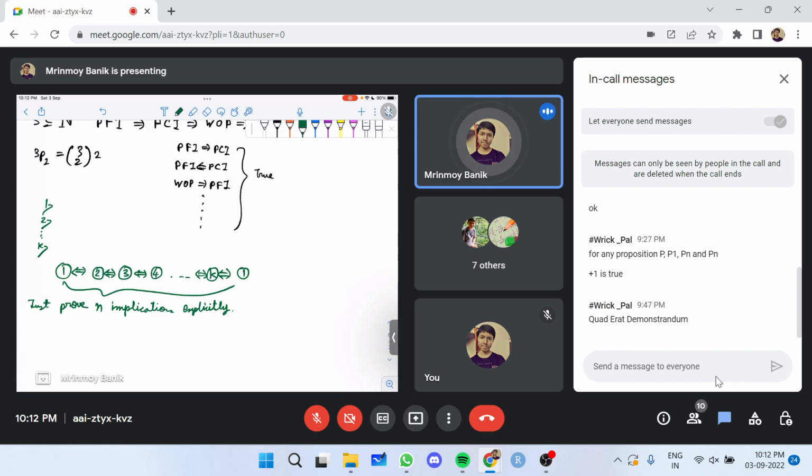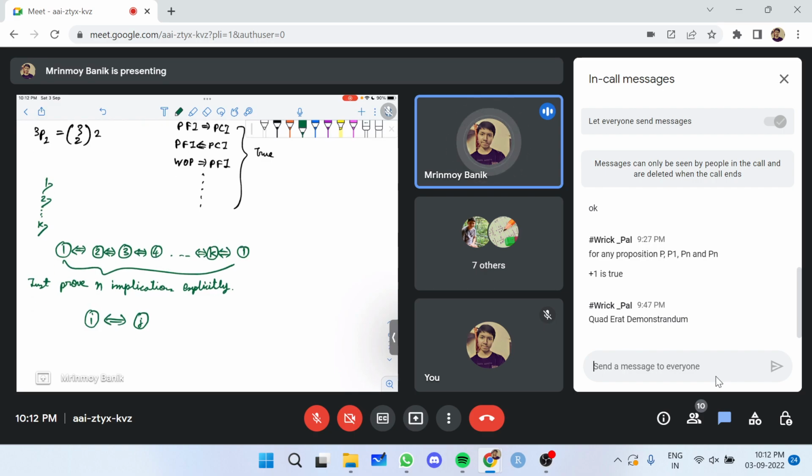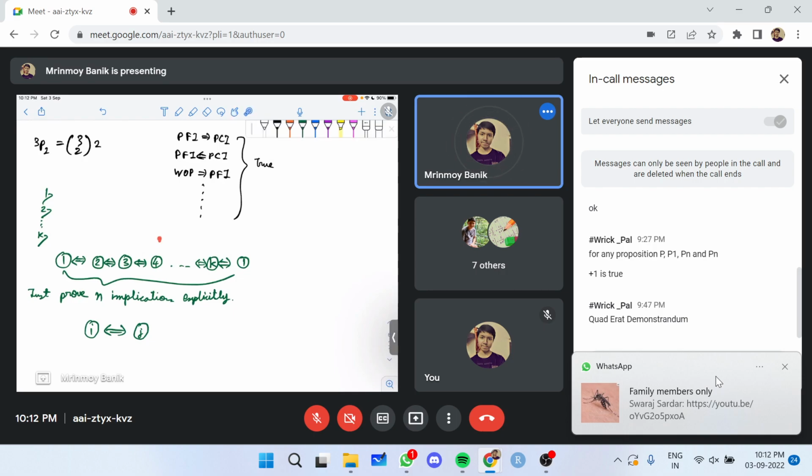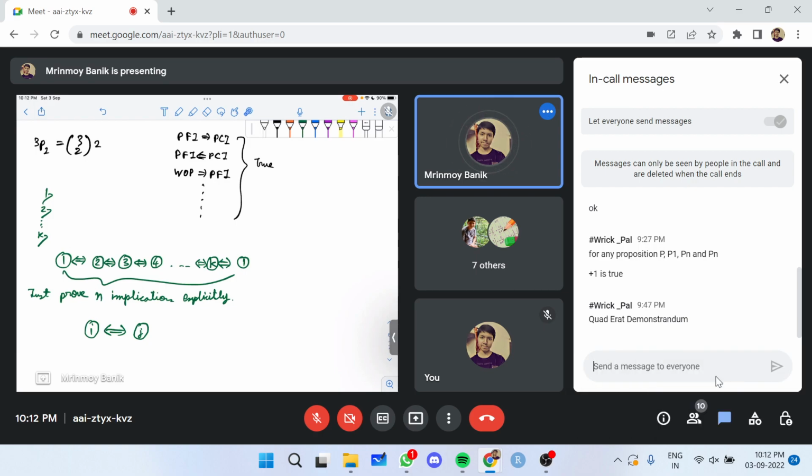Right. So you don't need to prove it, but everyone knows that if you want to show, say, that the ith and jth statements are equivalent, since you have this implication sequence ready, you can just concatenate those proofs and say i implies i plus 1 is true, which implies i plus 2 is true, up till j is true.